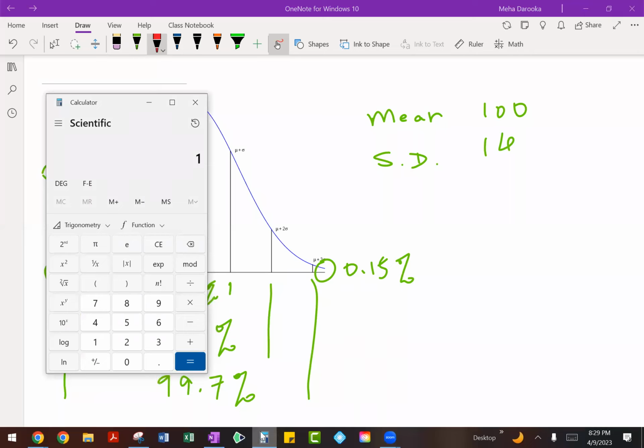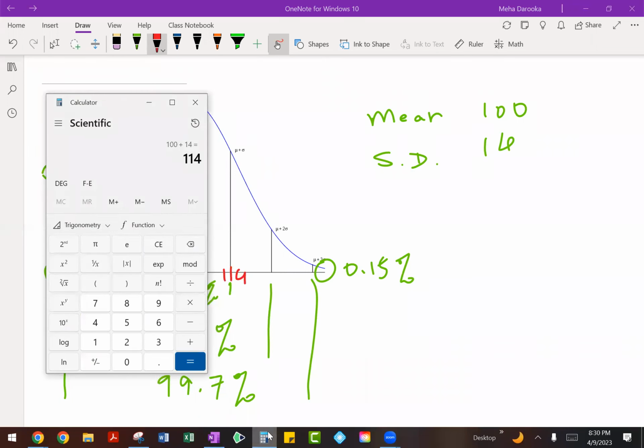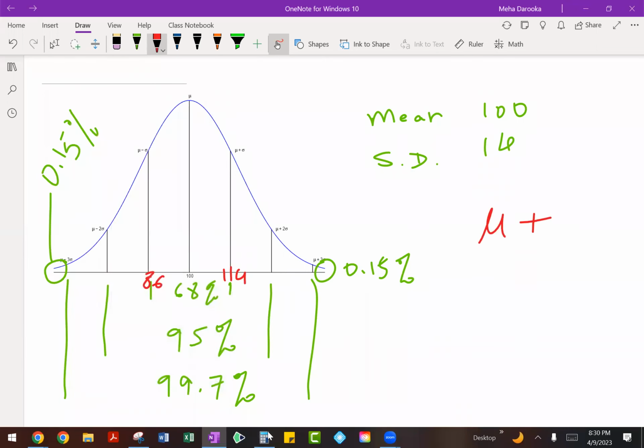Then we are going to take 100 and add 14 to it, which of course comes out to be 114. That's going to be larger than 100, so 114 will go up here. All right. So that was 1 standard deviation above the mean and 1 standard deviation below the mean.